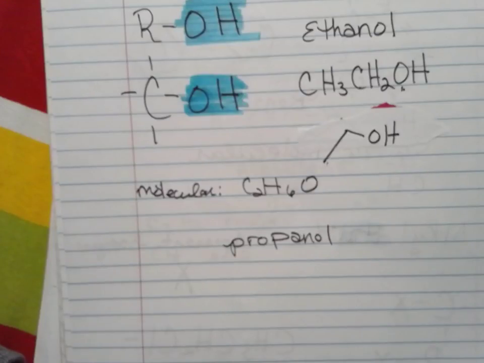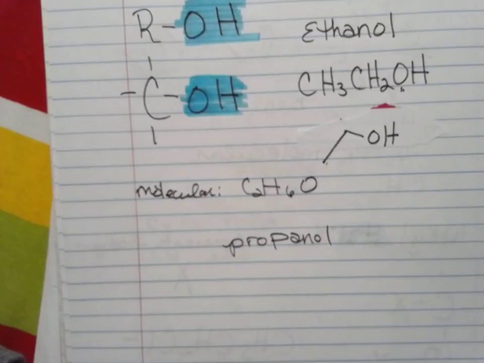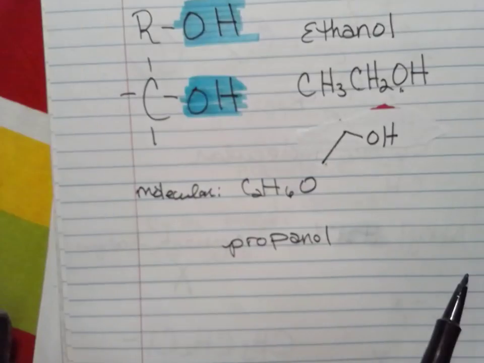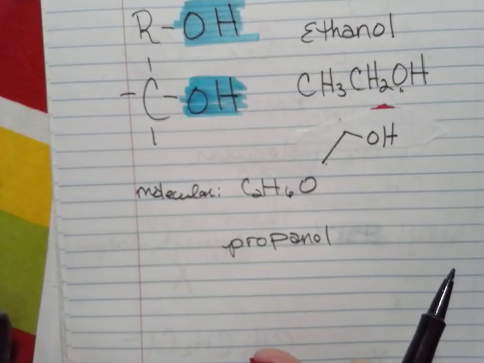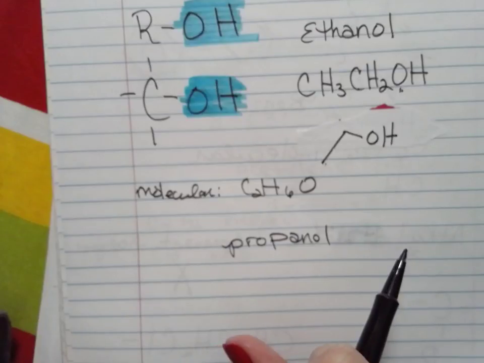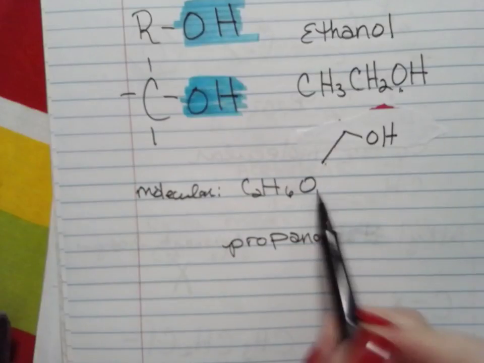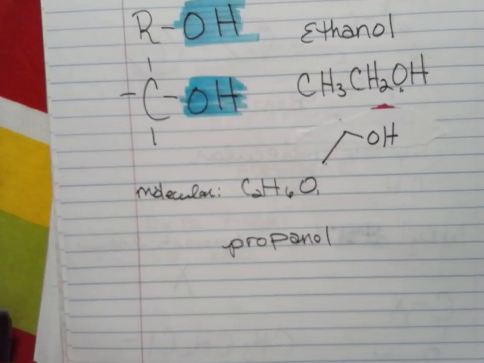Wait, why wouldn't that be CH3O for the empirical formula? Because the oxygen can't break down. Oh, yeah. To reduce anything, everything has to have a subscript. So what's the empirical? Remember, lowest ratio. So it'd be C3. Nope, because this is a 1. You can't reduce it any further. So it's the same thing. If that would have been a 2 though, you could have broken it down.